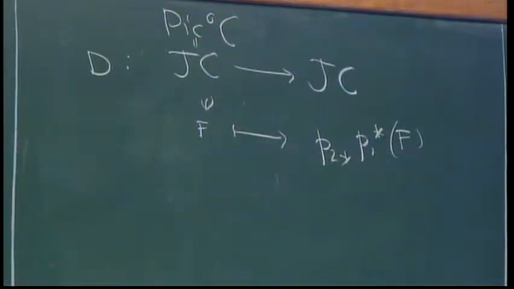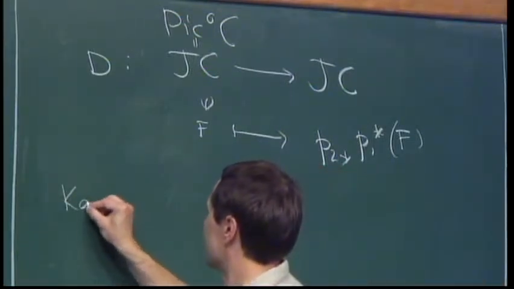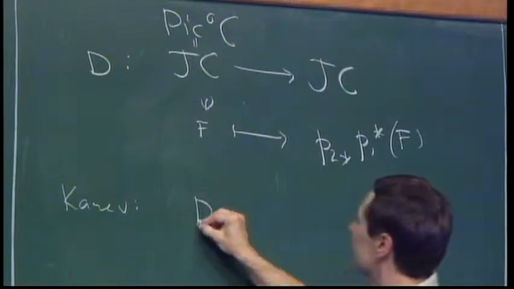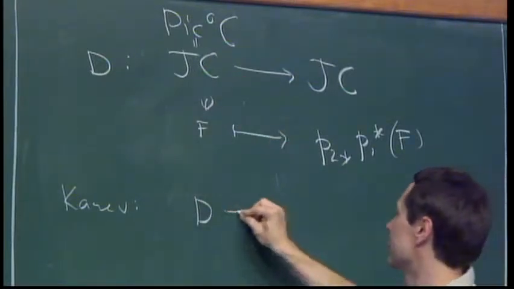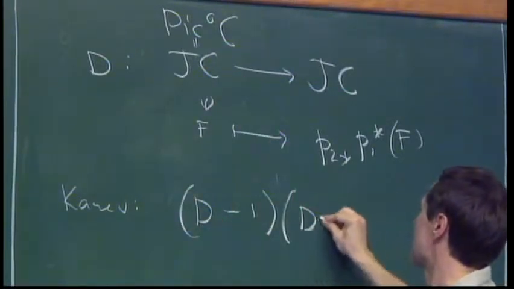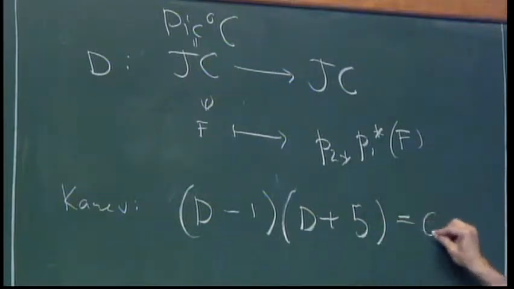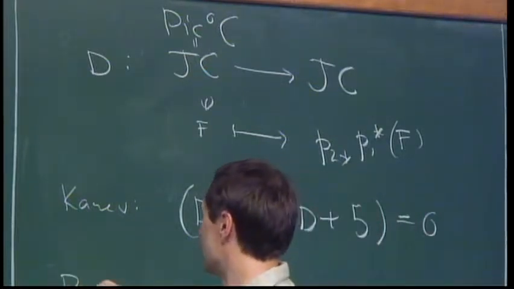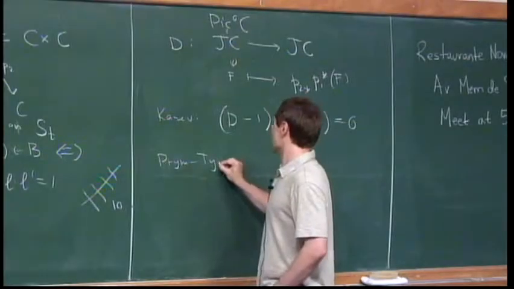So you have an endomorphism, and one can prove that this endomorphism of the Jacobian satisfies the following quadratic equation. And in a situation like that, you have what's called the Prym-Tyurin variety.